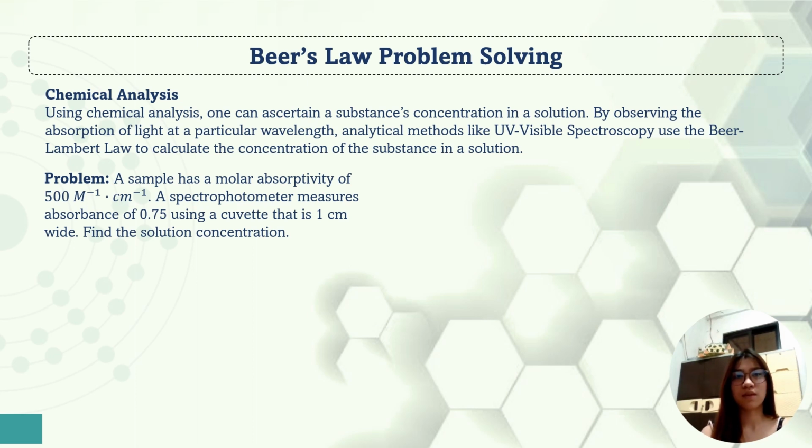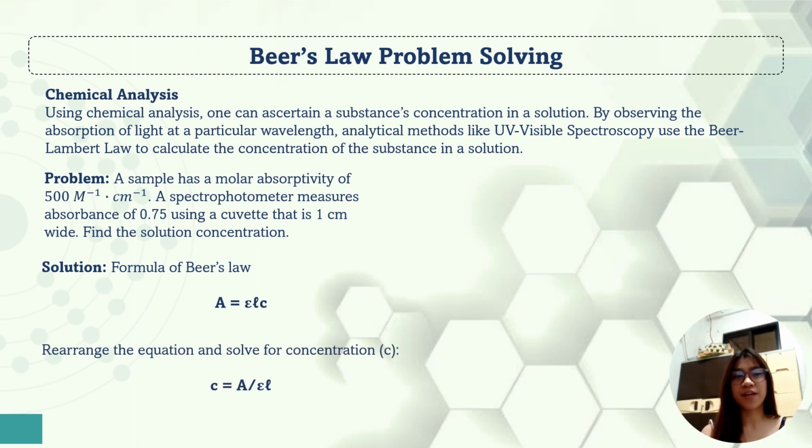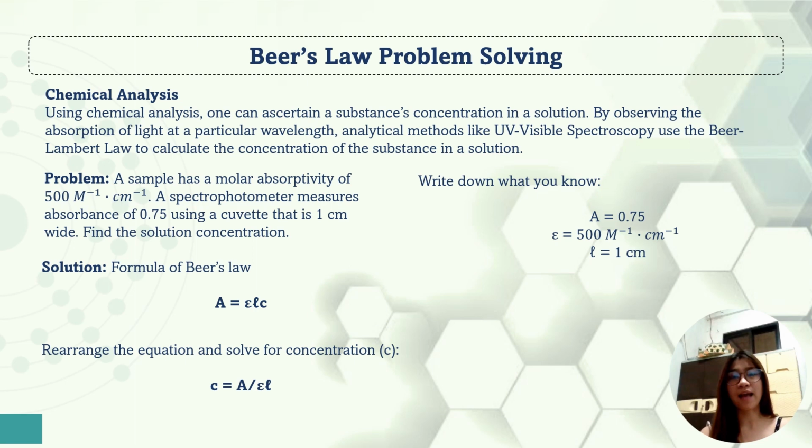To answer this problem, let's write the formula of Beer's law, then rearrange the equation and solve for the concentration. Then write down what you know, wherein absorbance is equal to 0.75 and the molar absorptivity of 500 molar reciprocal times centimeter reciprocal, having a path length of 1 centimeter of a cuvette.